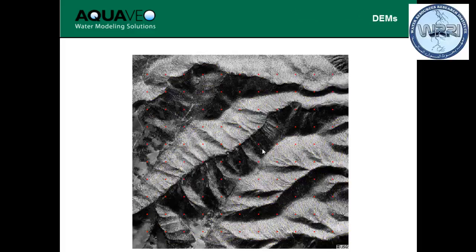With DEMs, they're gridded elevation data, and if I have this DEM and these red points are wherever I have elevation data, is this going to be accurate enough to delineate watersheds in this area?